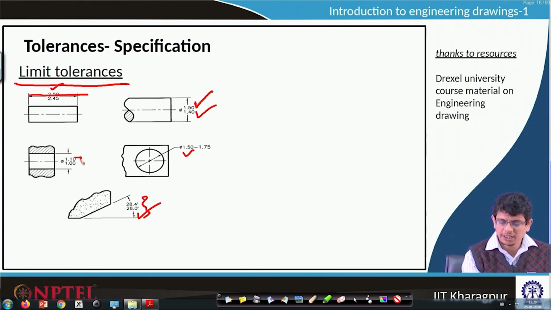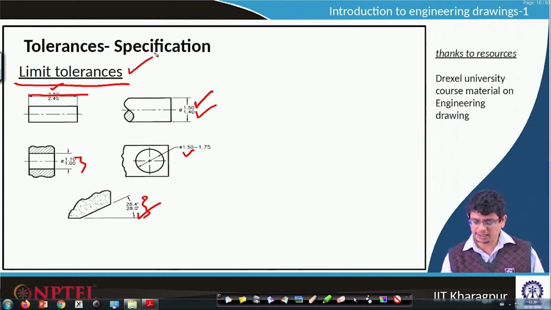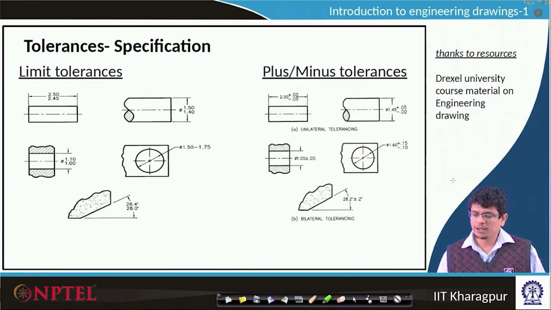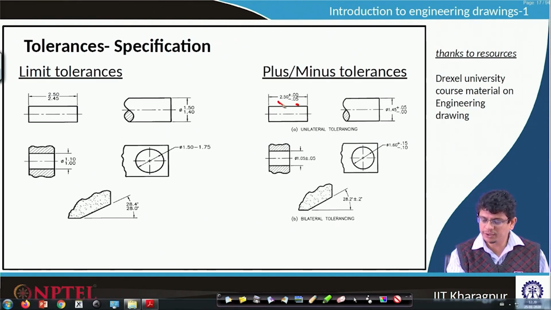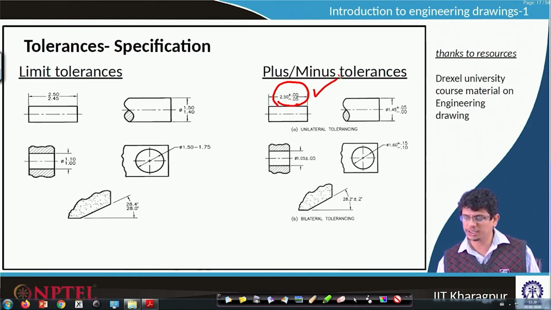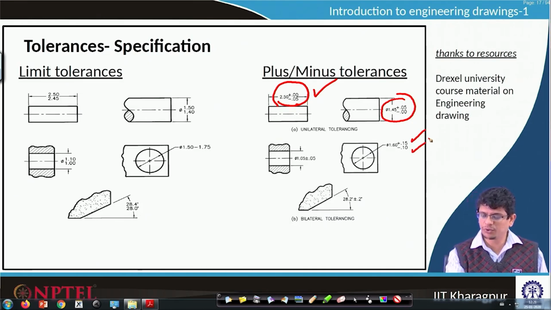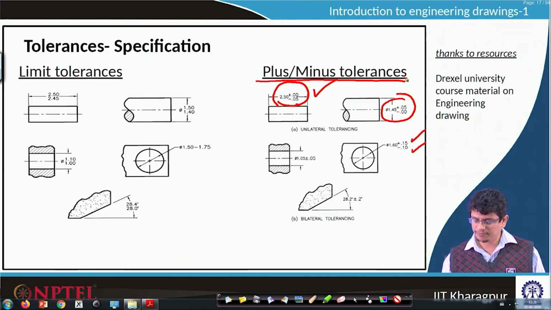If we show such limits, that is called limit tolerances. If it is plus or minus tolerances, we usually show it as 2.5 plus or minus 0.05. It is a common practice on drawing sheets to see something like 1.45 plus or minus 0.500, or plus 0.15 minus 0.10. Such things we call plus minus tolerances.